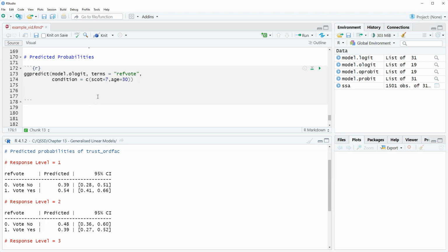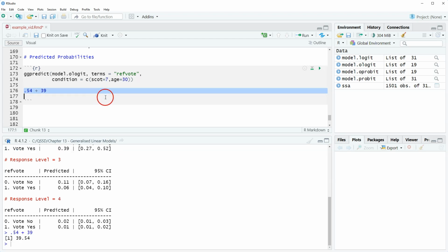So let's do it for the vote yes, just for the first 2 categories. So we can use R as a calculator here. So 0.54 plus 0.39. That is not what I want to do because it's 0.39, not 39. I was like, that is the craziest predicted probability ever.